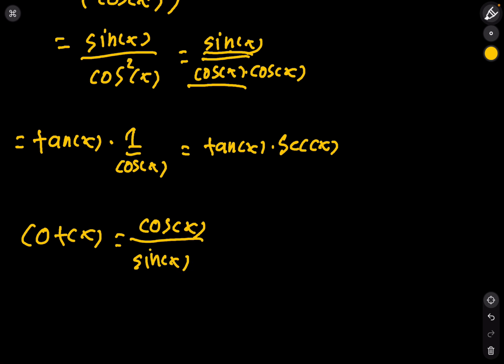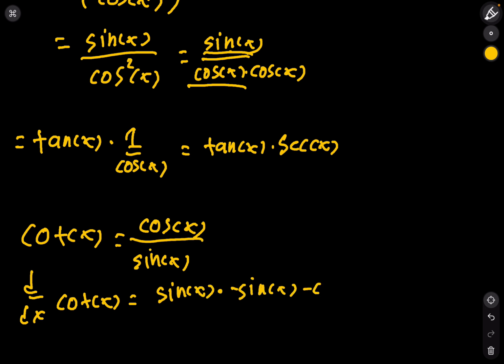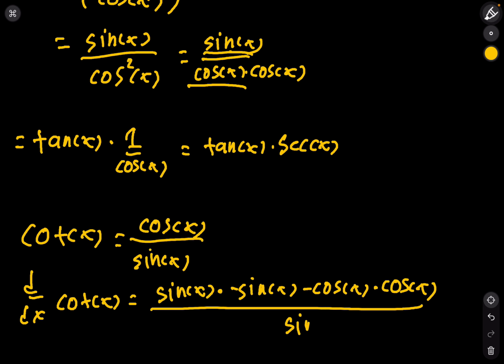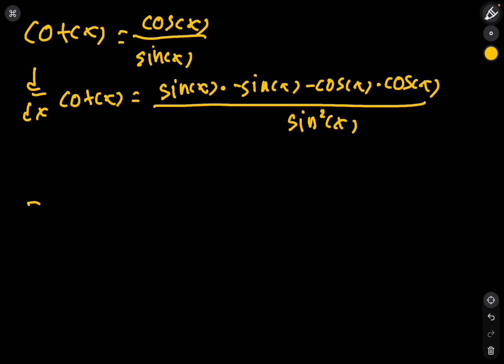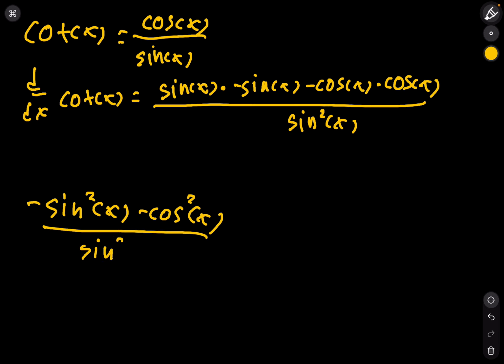We do quotient rule again. From here, we get negative sine square of x minus cosine square of x all over sine square of x.